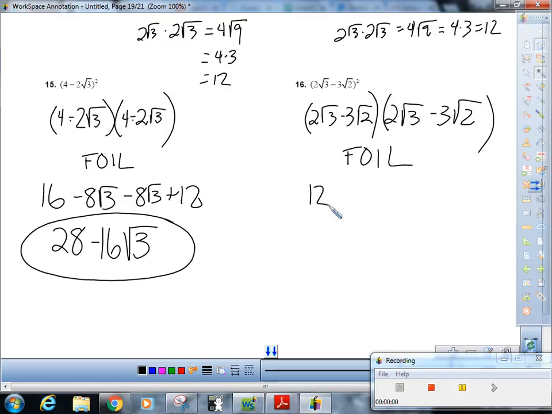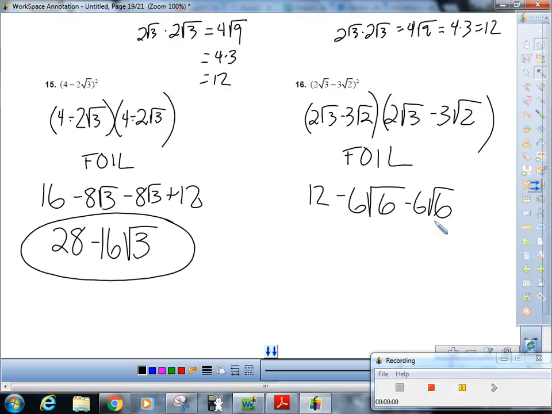Outside, 2 radical 3 times negative 3 radical 2 is negative 6 radical 6. Inside is again negative 6 radical 6.